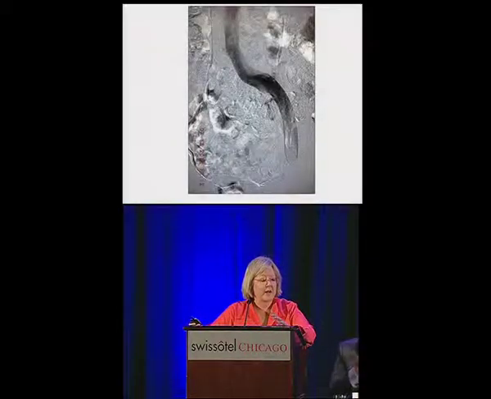Okay, now this patient. This is a 52-year-old woman with tibial DVT. A, you would treat this lesion, or B, you would not treat it?